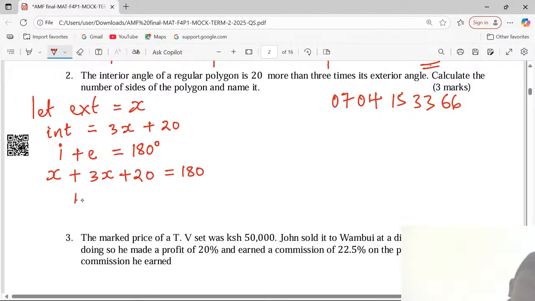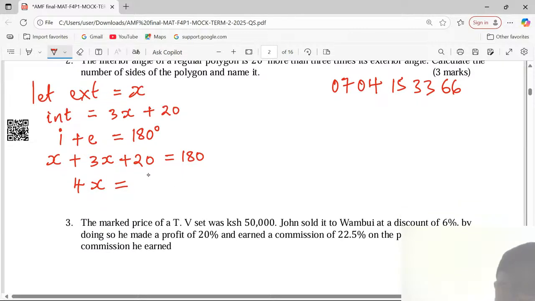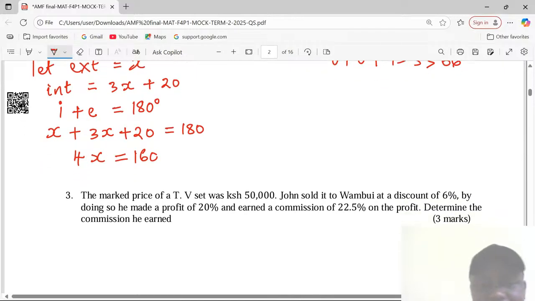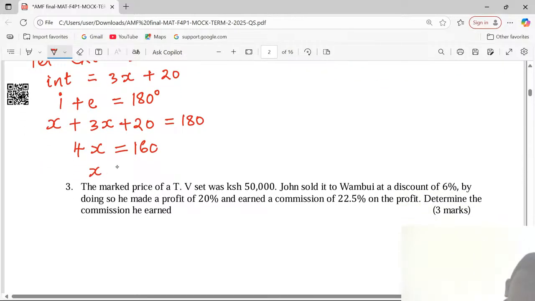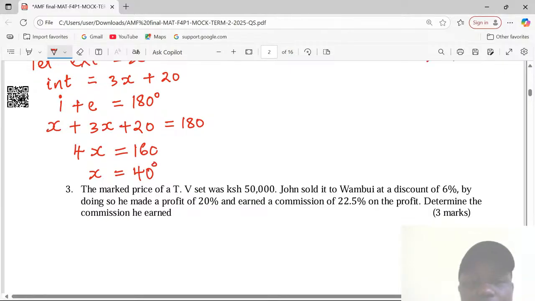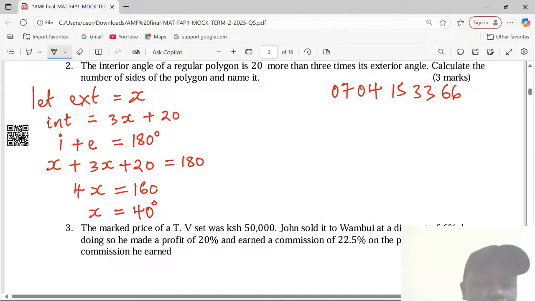So we have 4x plus 20 equals 180. The 20 is taken to the right hand side and subtracted to give us 160. When we divide through by 4, we get 40 degrees. So the value of the exterior angle is 40 degrees.